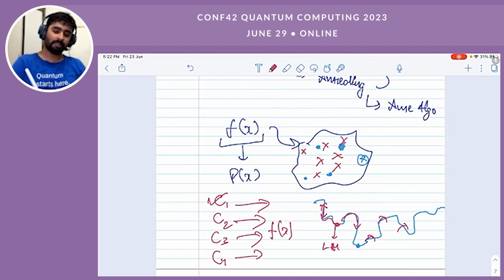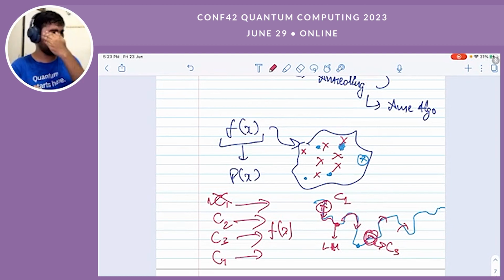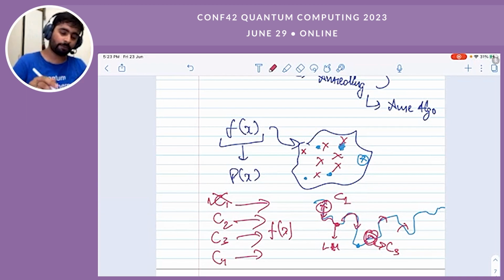In our case, this is the best performing one, so let's name it C3. The worst, in our case, is obviously C1, so C1 would get eliminated. It just follows the basic Darwinian theory of evolution, survival of the fittest, right? So C3 is the best, C1 is the worst.